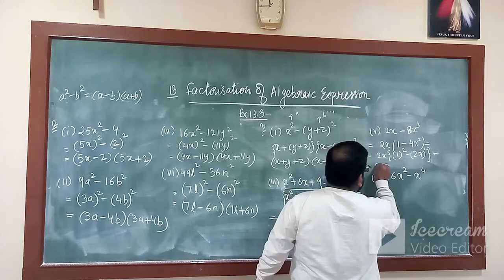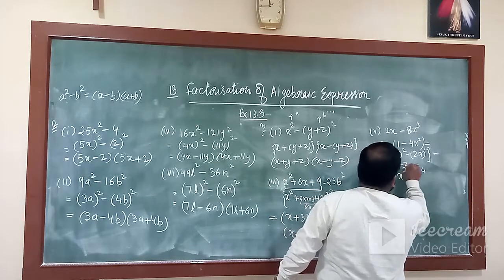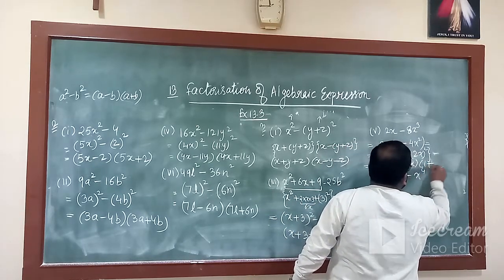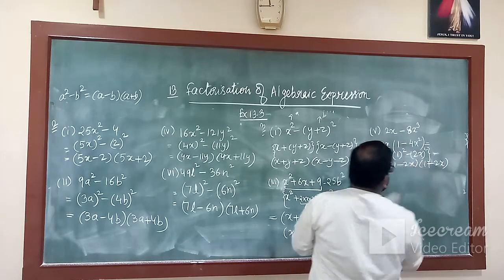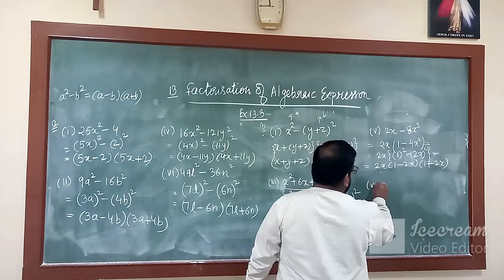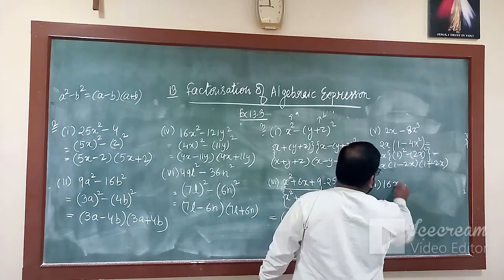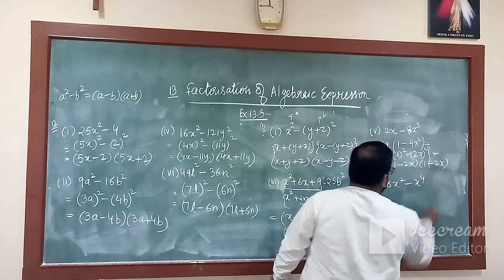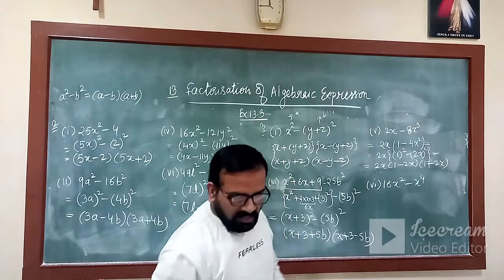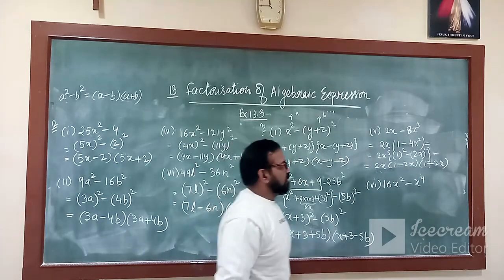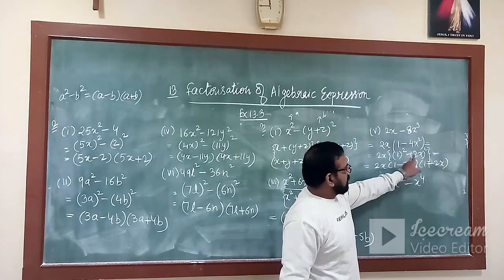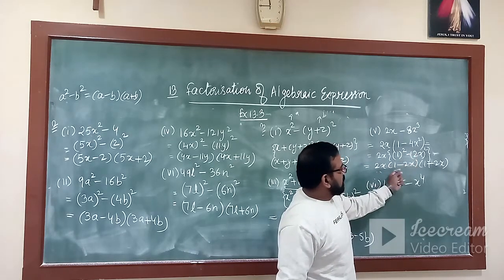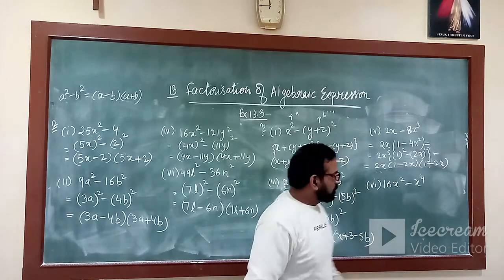So finally you will get 2x into 1 minus 2x and 1 plus 2x. Okay, so that will be your final answer. You have to factorize till the terms inside the bracket are no longer factorizable. Since it was factorizable, we had to factorize it again, and after factorizing, this is our final answer.